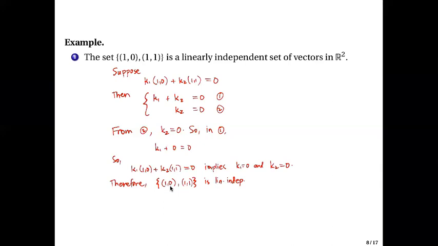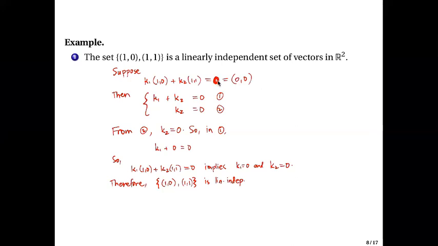Question: I don't understand why we said k2 equals 0. Well, it's in your second equation here. Look, k1 times 0 plus k2 times 1, and that's equal to the 0 here. By 0, this is a vector, and this vector is (0, 0). Maybe that confused you.